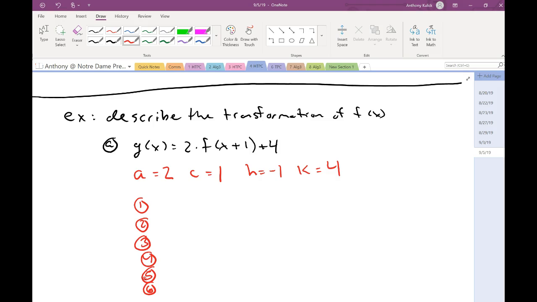For criteria 1, we have to look at the sign of the c value. Since c is positive, nothing happens for step 1. I'll just put a slash there to indicate that nothing happened. Everybody okay with that? Step 2, we have to look at the magnitude of the c value. Since the absolute value of c is 1, nothing happens in step 2.